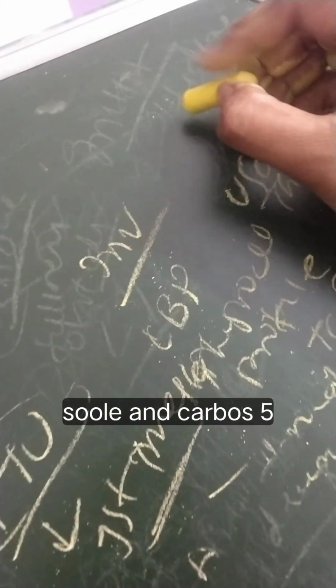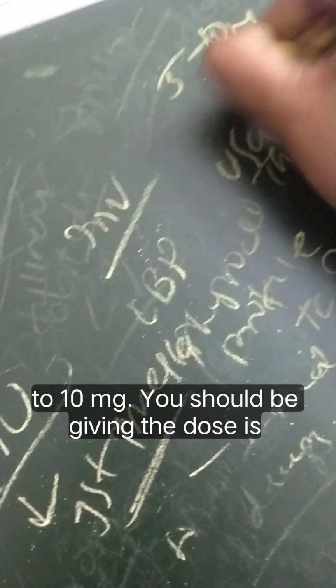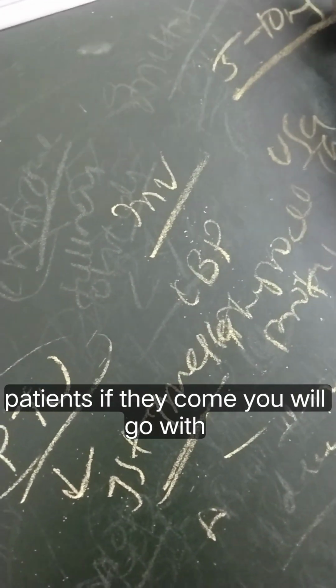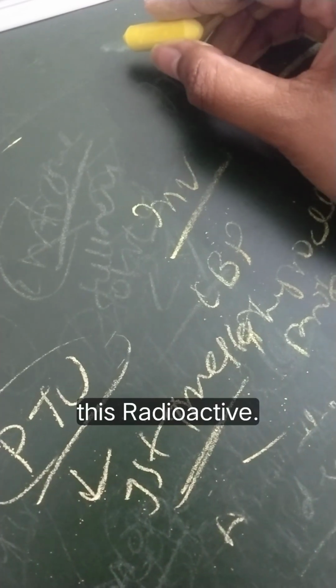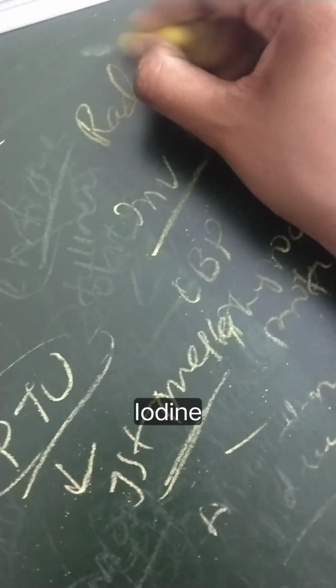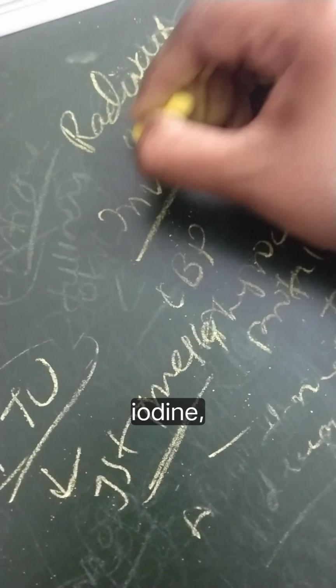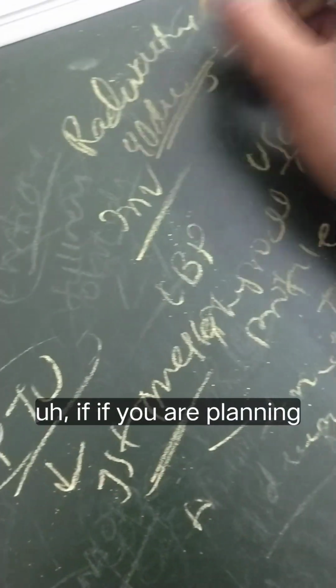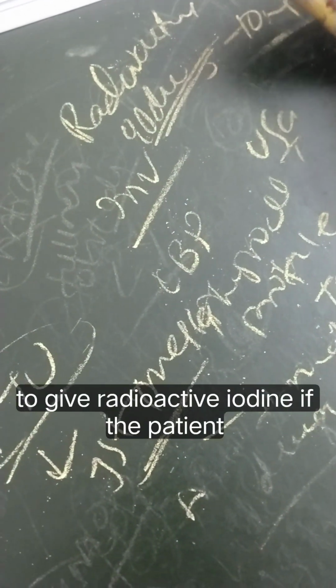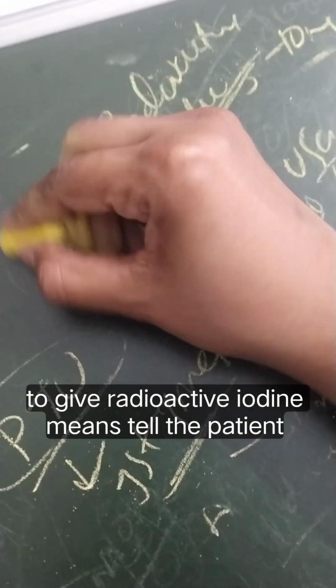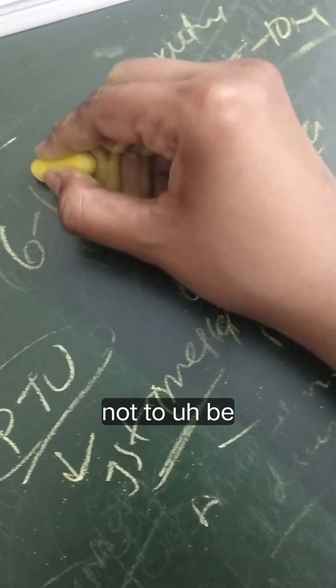Methimazole and carbimazole, the dose is 5 to 10 mg. In older patients, you will go with radioactive iodine therapy. If you are planning to give radioactive iodine, tell the patient not to become pregnant.